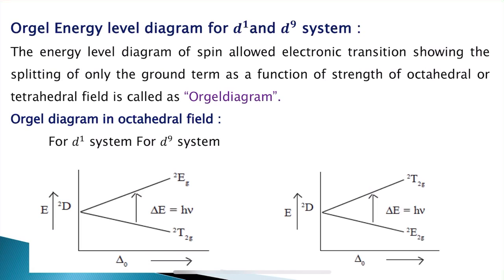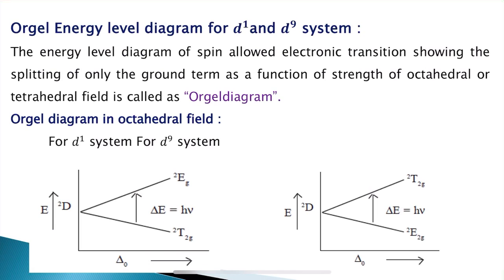Especially when the electronic transition takes place in a weak field, it is quite difficult for us to understand the absorption bands of the spectra. So, in such cases we are going to represent them by using a diagram which is called the Orgel energy diagram. The spin allowed transition occurs between two energy levels which have the same spin multiplicity.